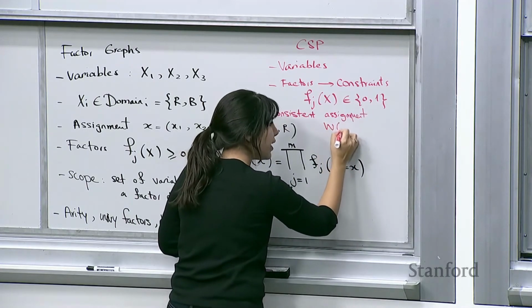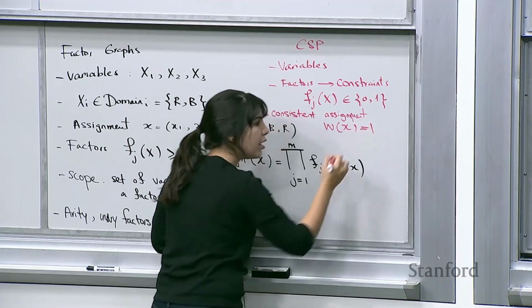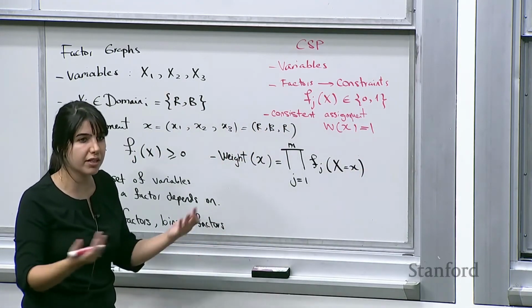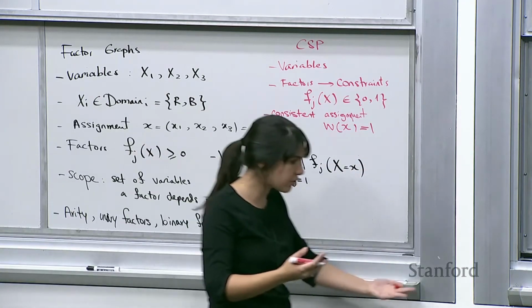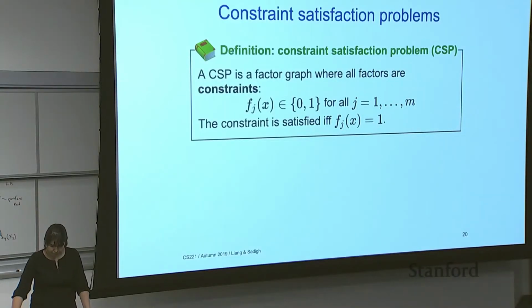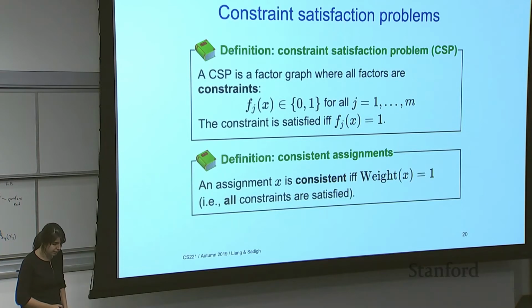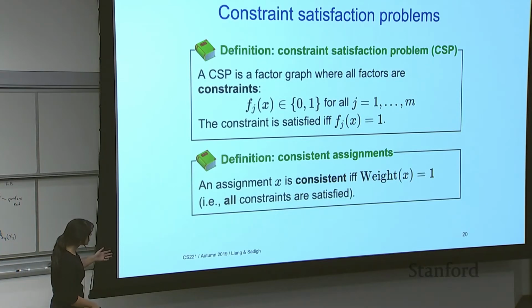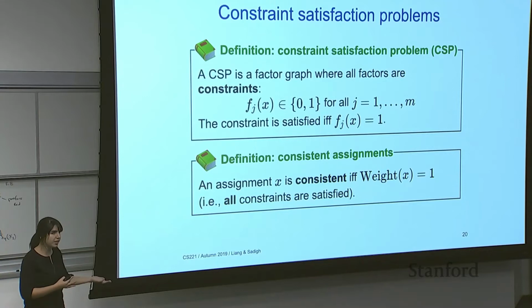That is when the weight is equal to 1. If the weight is equal to 0, then we have an inconsistent assignment. So it's either 0 or 1. You have consistent assignments or inconsistent assignments. Okay? So an assignment x is consistent if and only if the weight of that particular assignment is 1. That means all the constraints are satisfied, because constraints just give me 1s and 0s. I'm multiplying 1s and 0s. If anything is not satisfied, then the thing is 0.